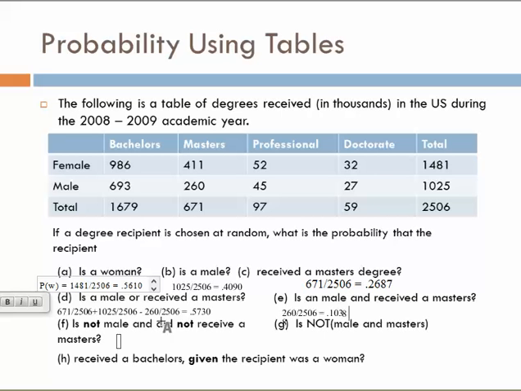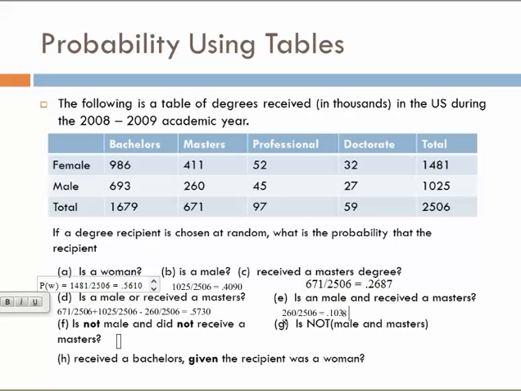So there's two things that they cannot have. They cannot be male, and then also they cannot receive a master's. Before, when we were considering males with masters, we went right to the row and the column to get our answer. When it's not, and there's an and in between them, we can actually just ignore those two columns.